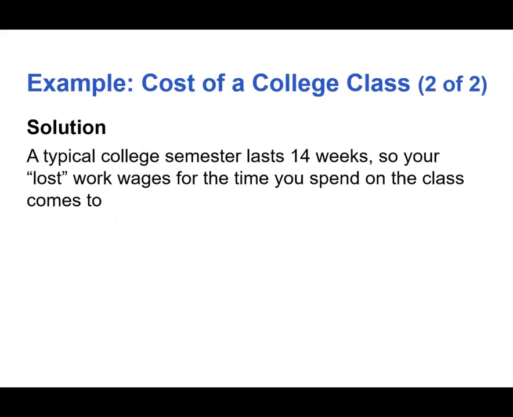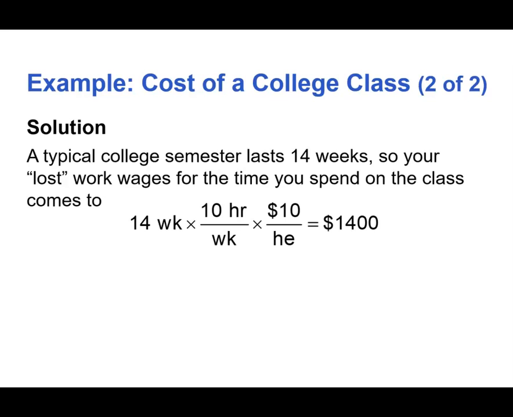So if you look at a typical college semester that lasts 14 weeks, your lost work wages for the time you spend on the class comes to 14 weeks, 10 hours a week that you're losing in commute time and other things, times the $10 an hour that you could be working.